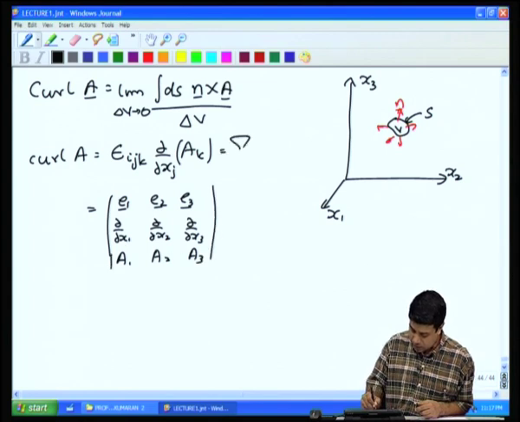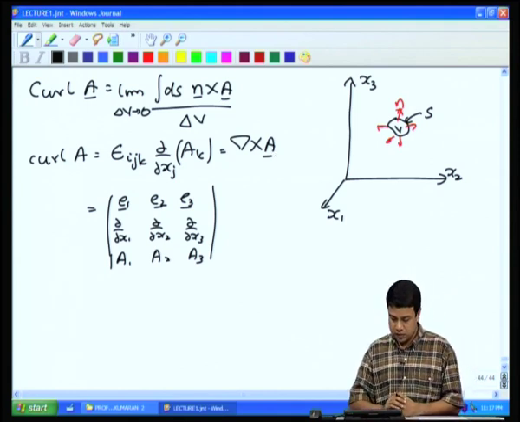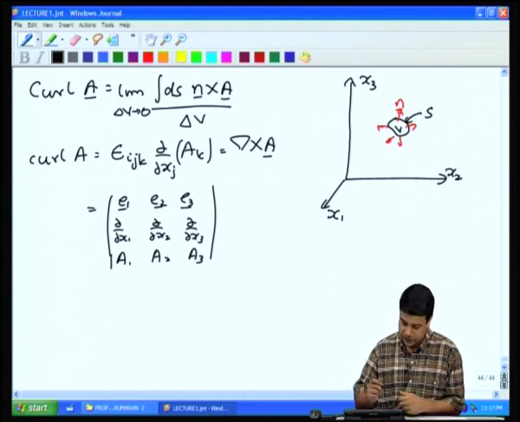Also del cross A. So, this is the definition of the curl, the cross product of the gradient operator acting on this vector A.